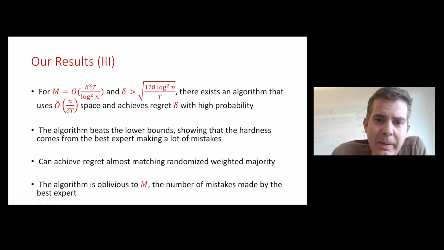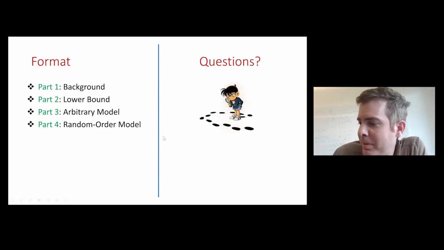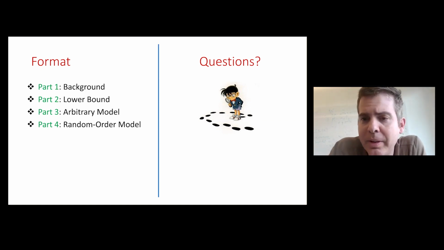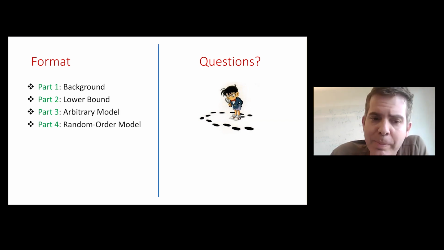Okay, cool. So it's about halfway through. Let me try to give you some of the details for these results. So we finished part one. Part two, I'll first discuss the lower bound, then the arbitrary order upper bound, then the random order upper bound.